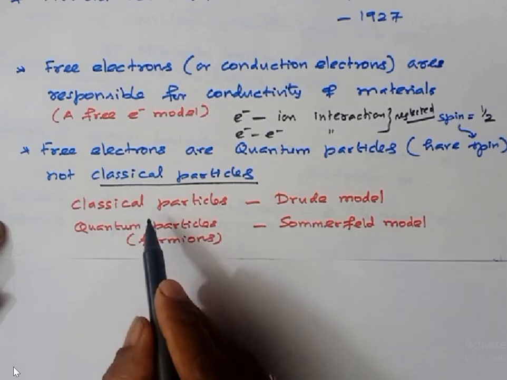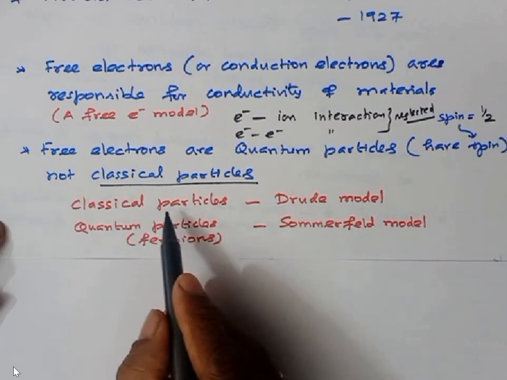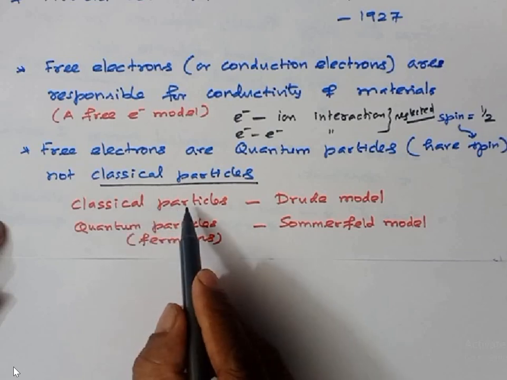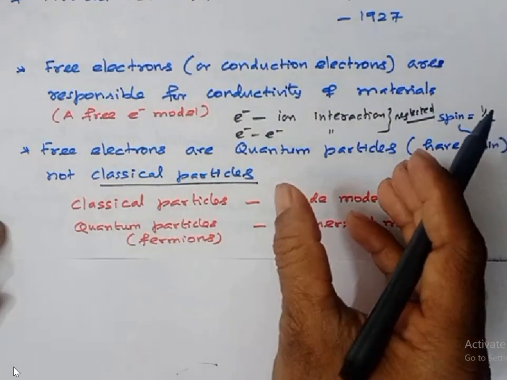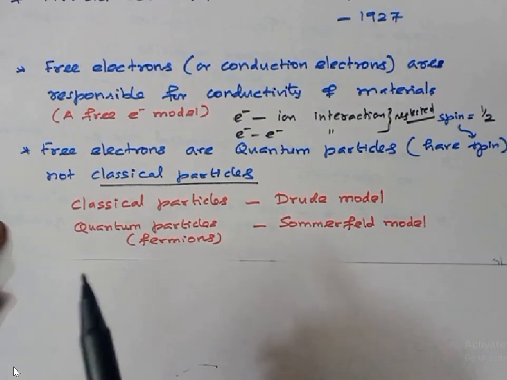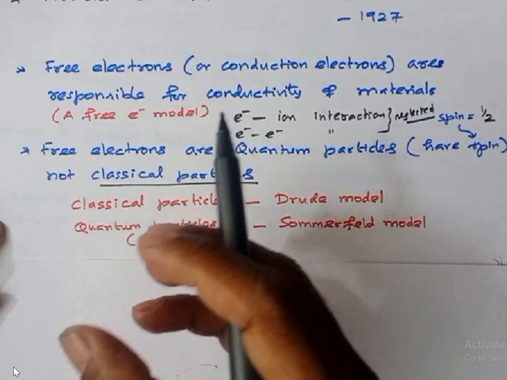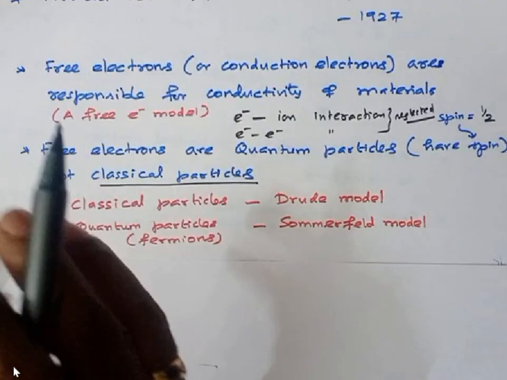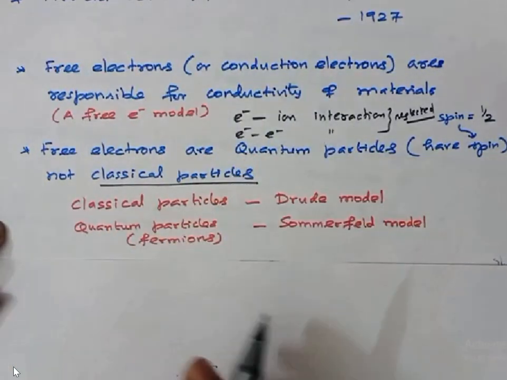According to the Drude model, the electrons are classical particles. So if you assume electrons as classical particles, then the Drude model can be applied. But Sommerfeld saw these particles as quantum particles.